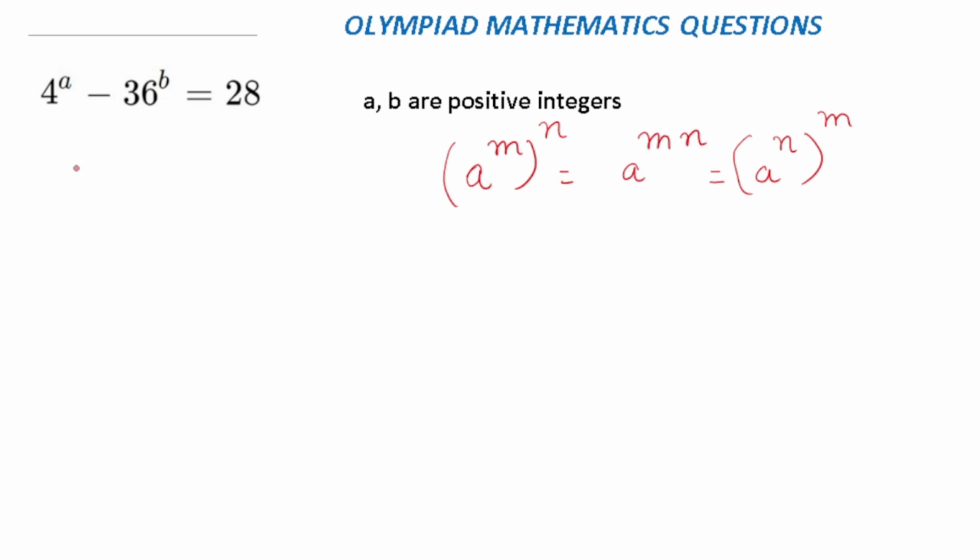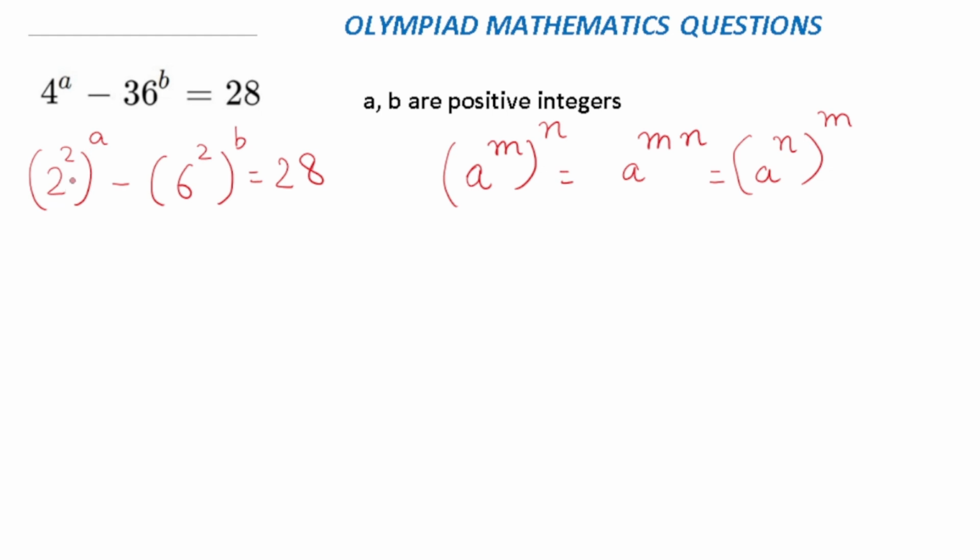So 4 raised to power a can be written as 2 raised to power 2 raised to power a, and 36 can be written as 6 to the power of 2. So we can write it like this: minus 28, right?